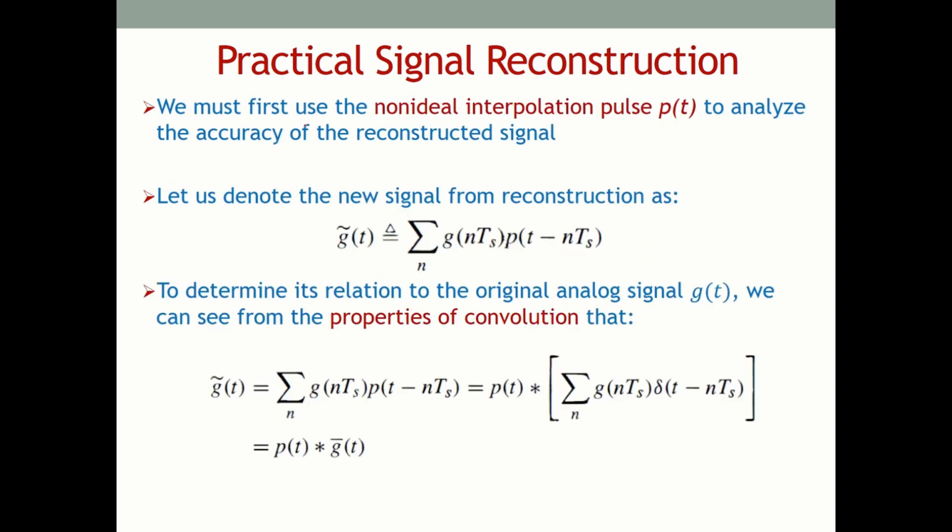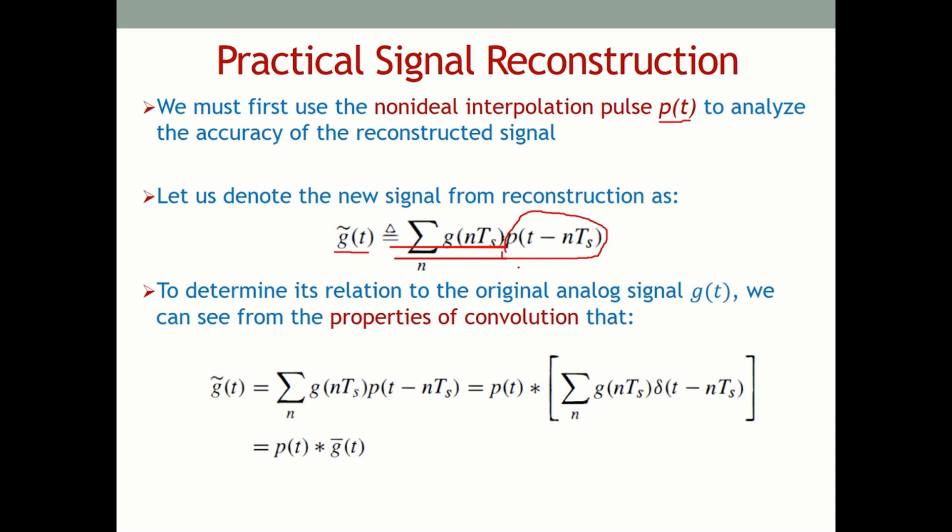We first use the non-ideal interpolation pulse p(t) to analyze the accuracy of the reconstructed signal. The previous expression for the sampled signal is now different, because now we have p(t minus nTs) instead of delta here.